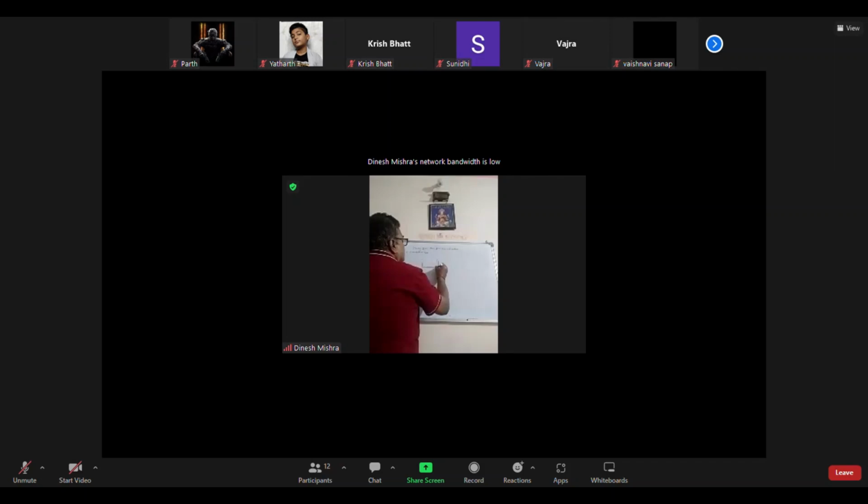Now this coil has a magnetic core, no magnetic core here.